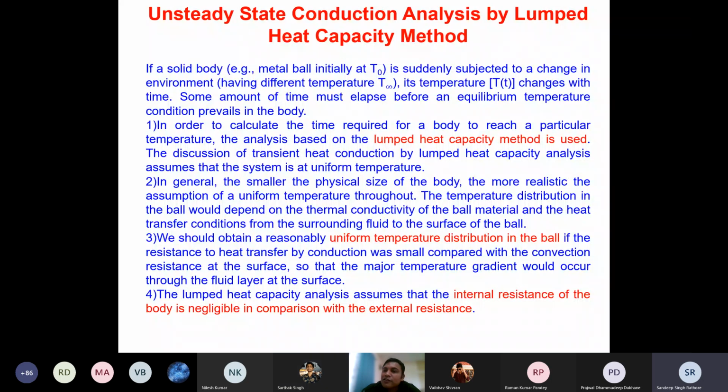Yes, sir. So see, a common example is this. Let's say if you have heated a metal ball, okay, maybe I give you another example. Suppose a particular person, let's say, died today, maybe just now.